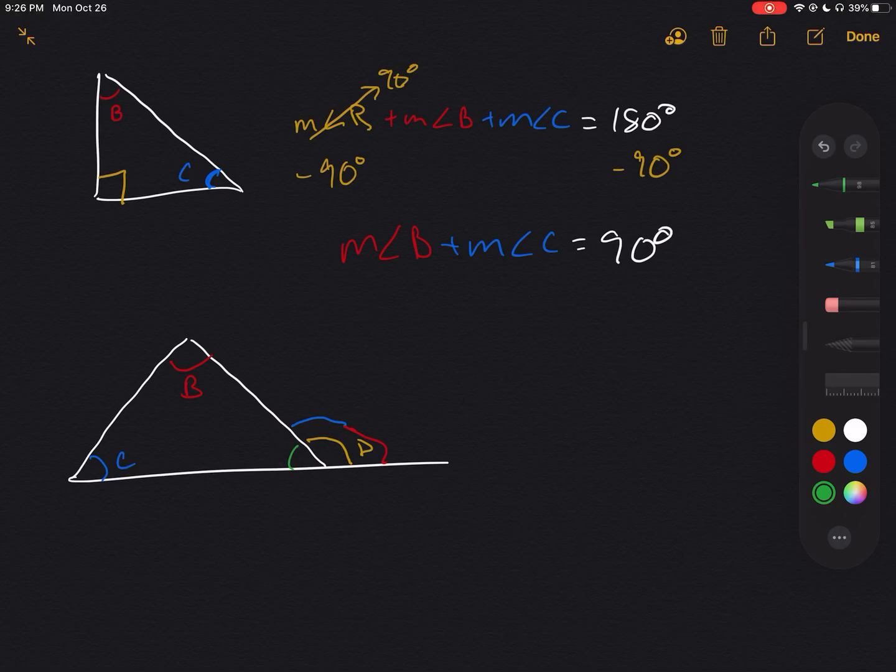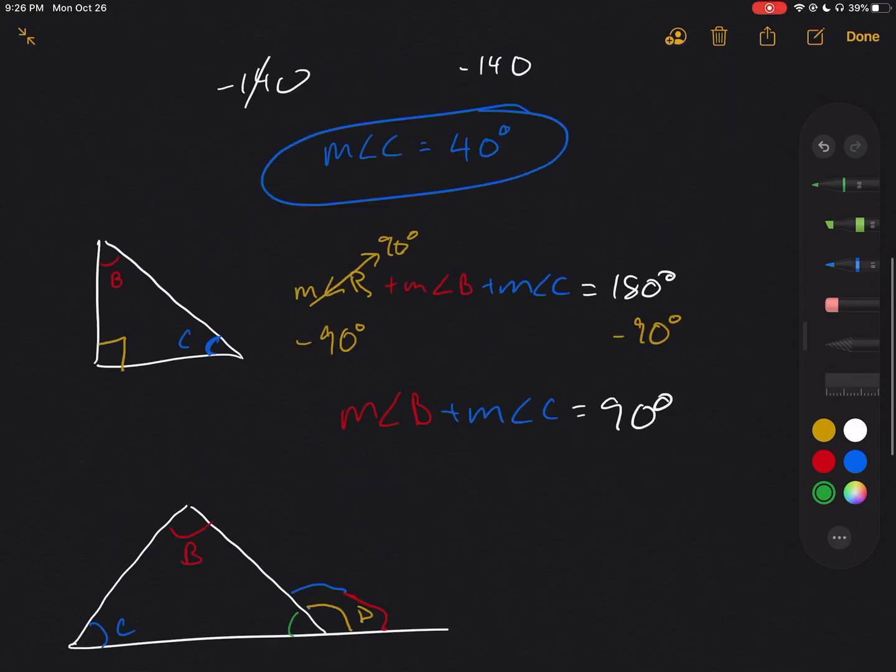Then if I subtract my green angle from 180, what I get back out is equivalent to C plus B. So it's another little shortcut theorem where if I forget it, it's not the biggest deal in the world.